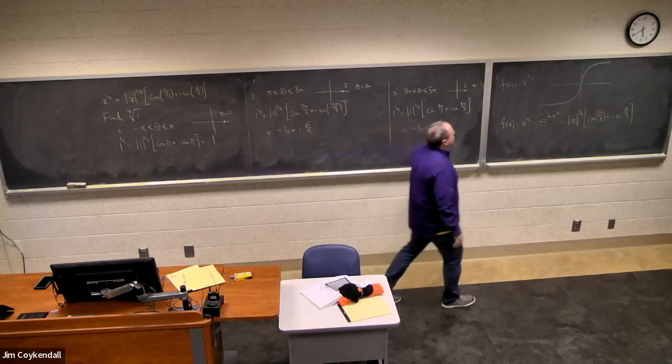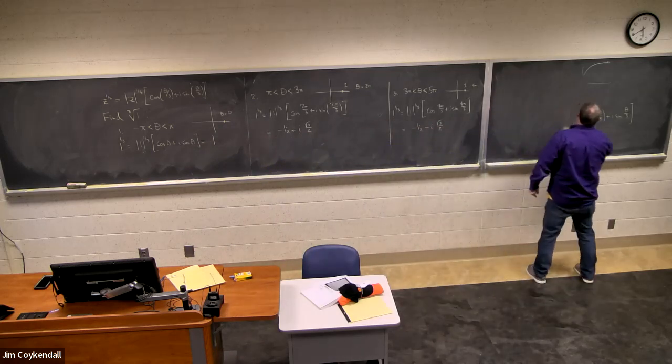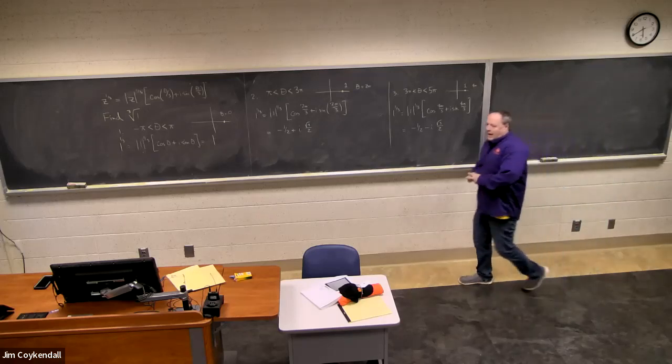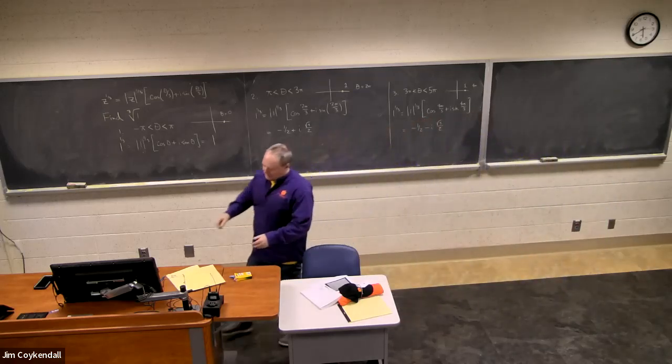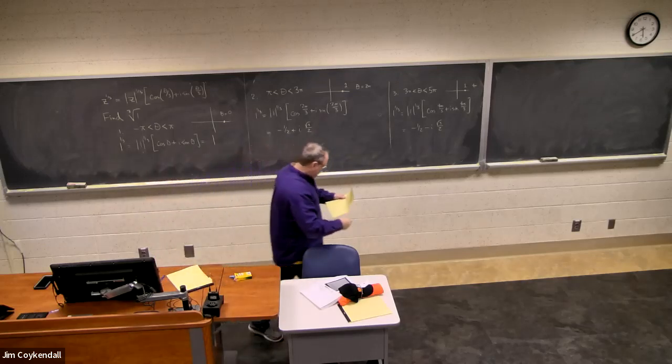Okay, so let me do an application here. Let me do one with a little bit more meat on it. How would you handle something that looks like this?